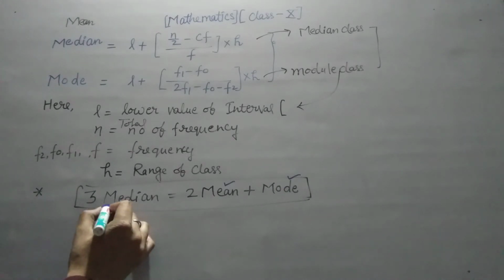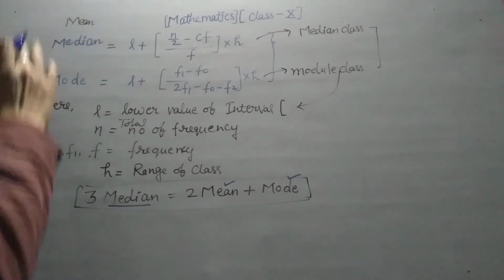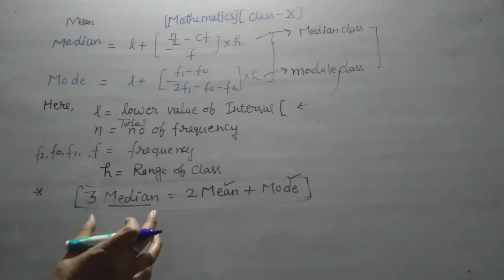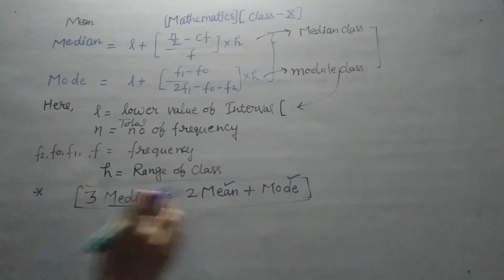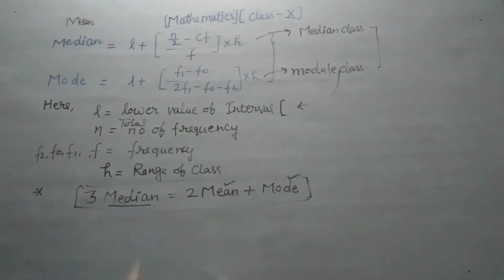Then you have to find the median with the help of this formula. And when the median and mode are given, then you have to find the mean with this formula.